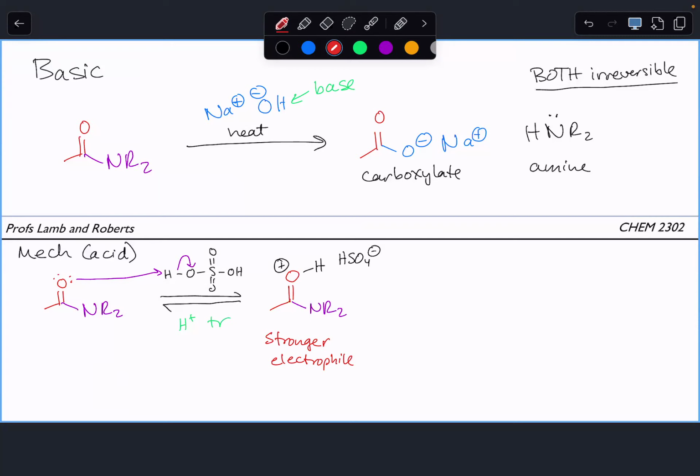So now we have positive charges in acidic media. That's good. We're ready to do our addition step. So remember, our nucleophile is water. So the lone pair nucleophile attacks the electrophile, breaking the weakest bond. This is our addition step.